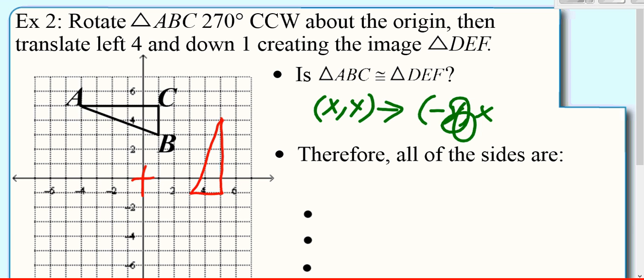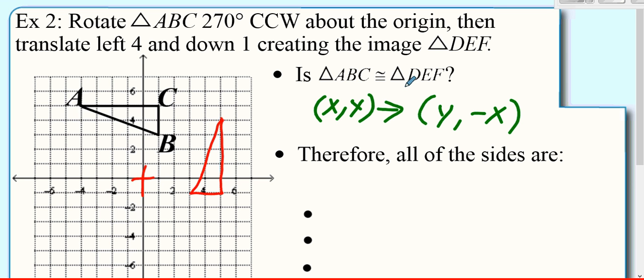Got my negative signs mixed up. It's y, negative x. So you could apply that rule. It takes a little bit longer than it would with the paper, but either way is fine.